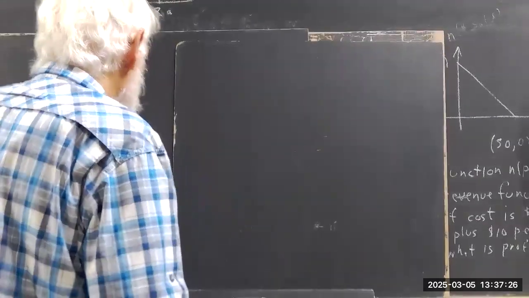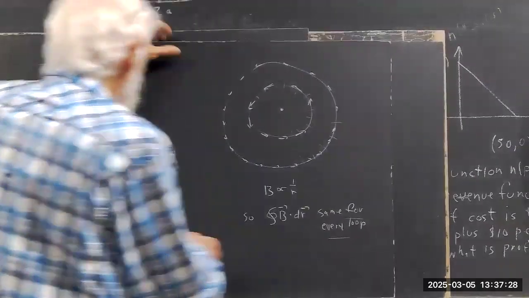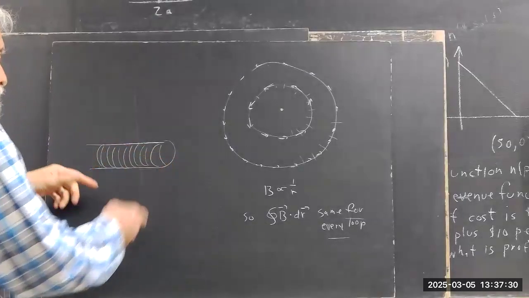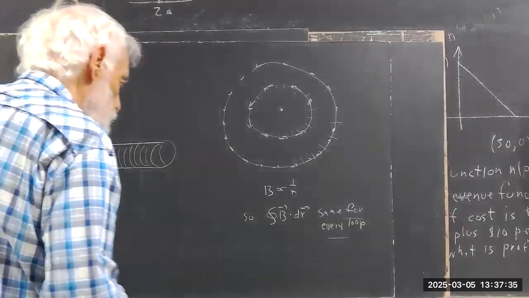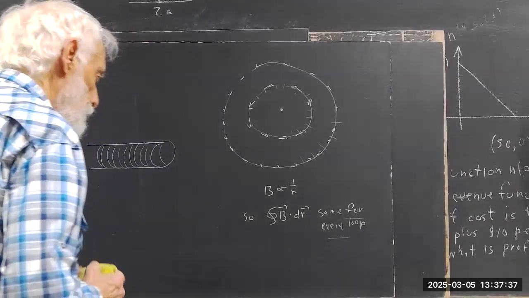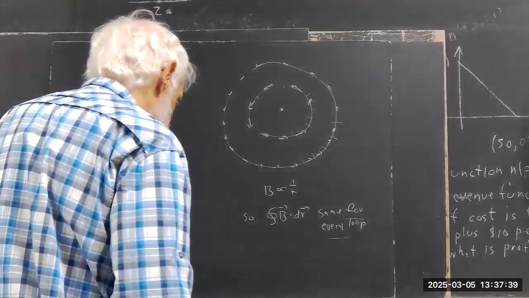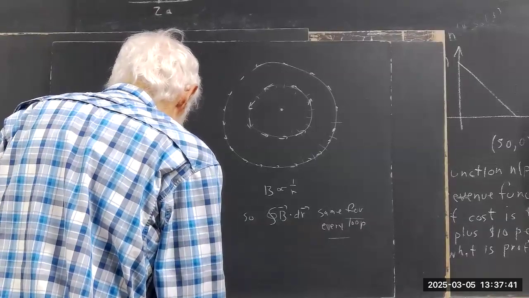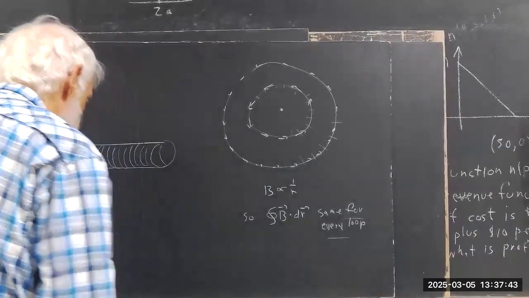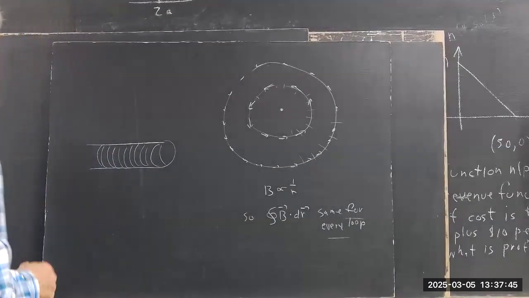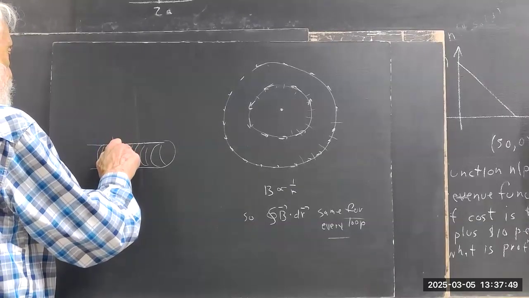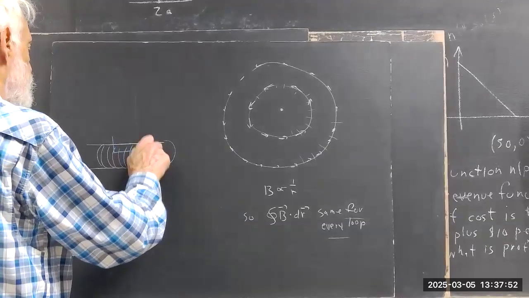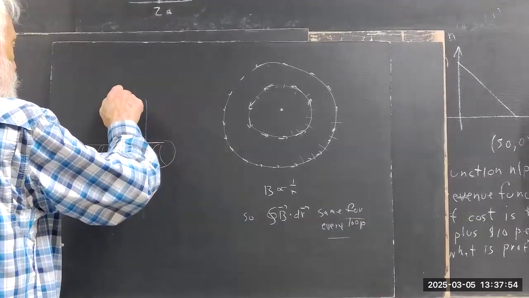They're not spread out like this. These are the loops that we see. They're a bunch of loops. We want to calculate the magnetic field inside. And we do that by using a path that looks like this.